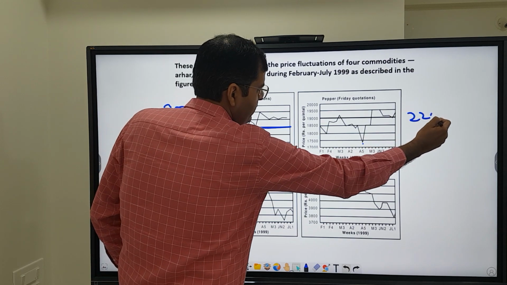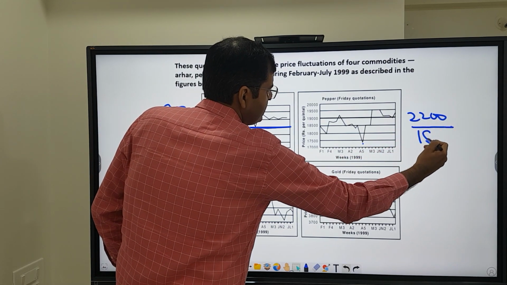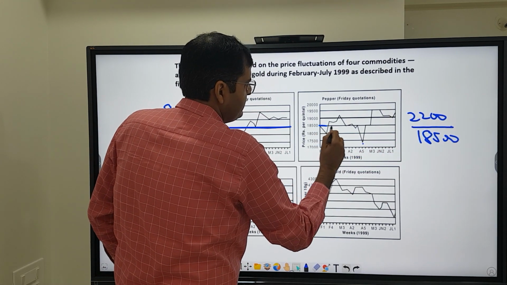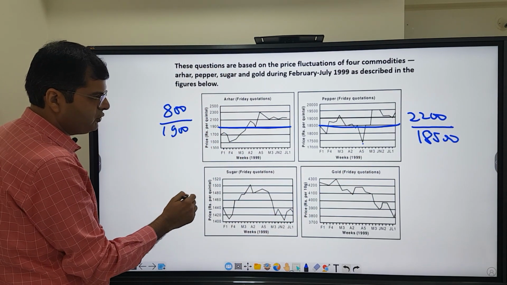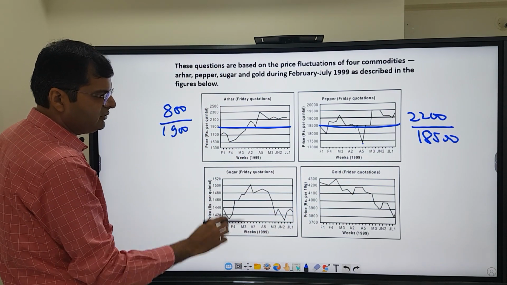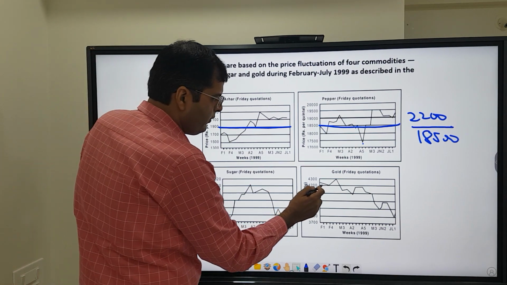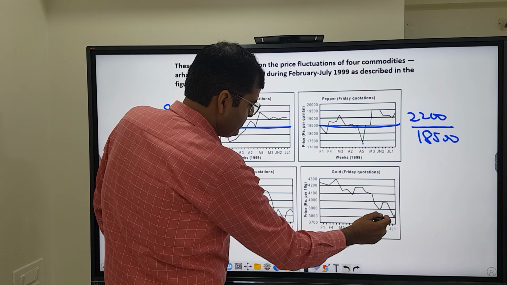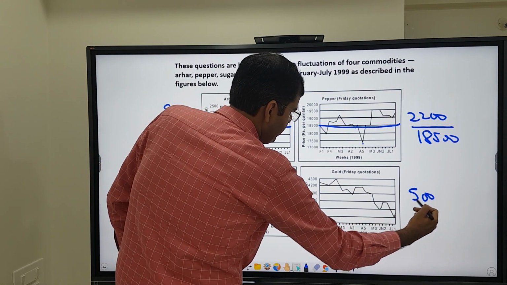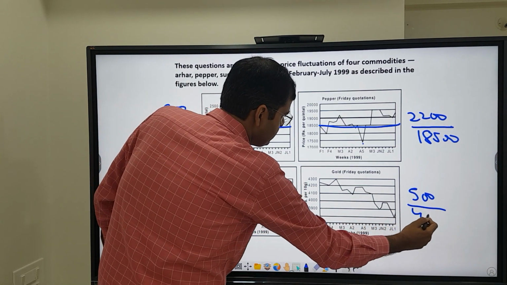So 2200 divided by average almost 18,500, that is what we took. Over here it is almost 0% for sugar, and we calculated it is the lowest, so we need not calculate for sugar. For gold, the highest is 4,300 and the lowest is 3,800, so it is 500 and the average was somewhere around 4,000.